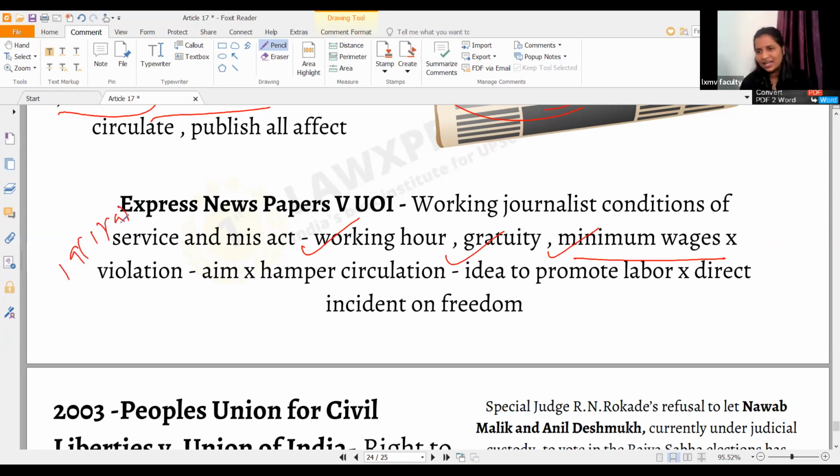Why? The basic idea of this law is for your welfare, for labour welfare. Like any other profession, the press is also one, so it cannot escape the general welfare laws. That was given in this case law, Express Newspapers versus Union of India. You have the exact rules, the name of the rules is given here, and the court said that this rule is valid.